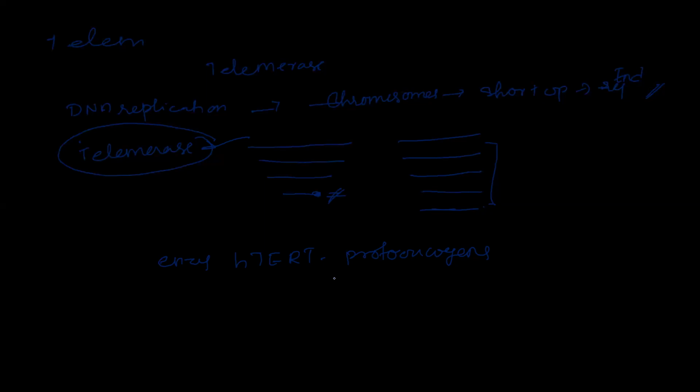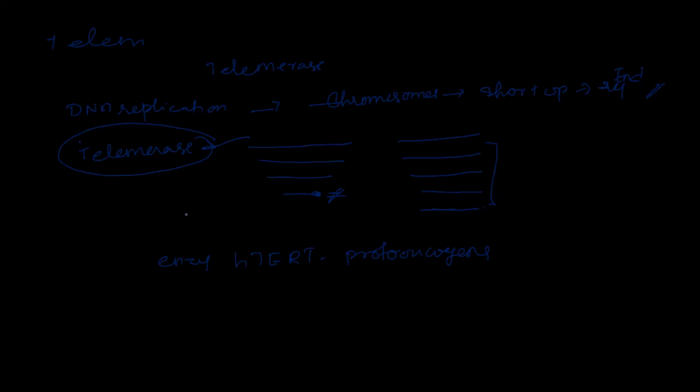So telomerase is nothing but, during DNA replication, the ends of the chromosomes are known as the telomeres. They get shortened during each cell division. The shortening of the chromosome serves to limit the number of times a given cell can undergo division. When telomeres shorten to a critical length, the cell is unable to replicate its DNA without losing its genetic material.